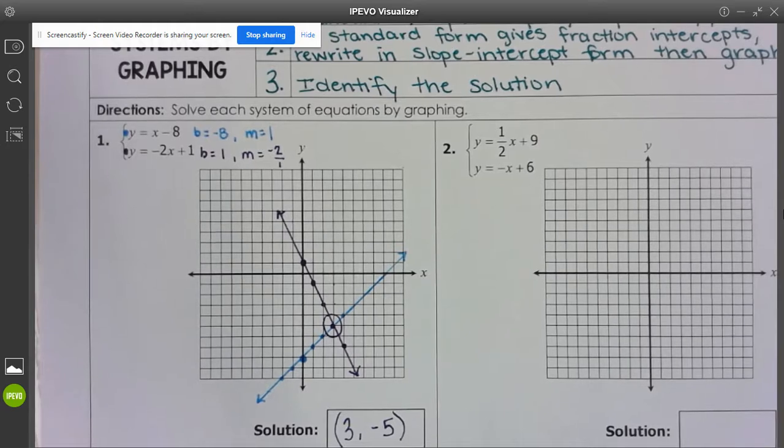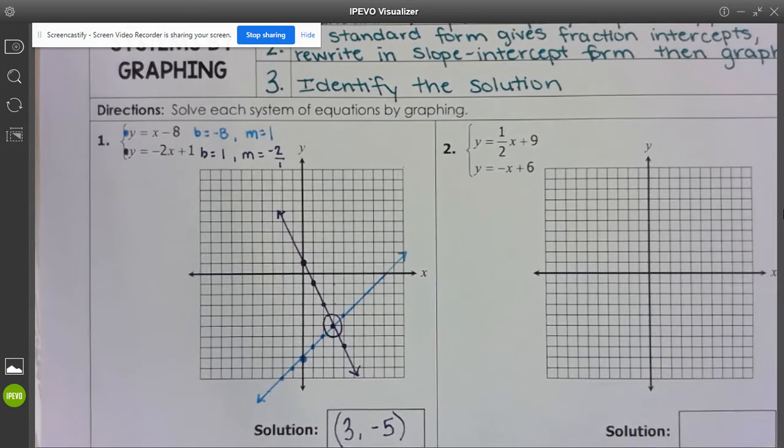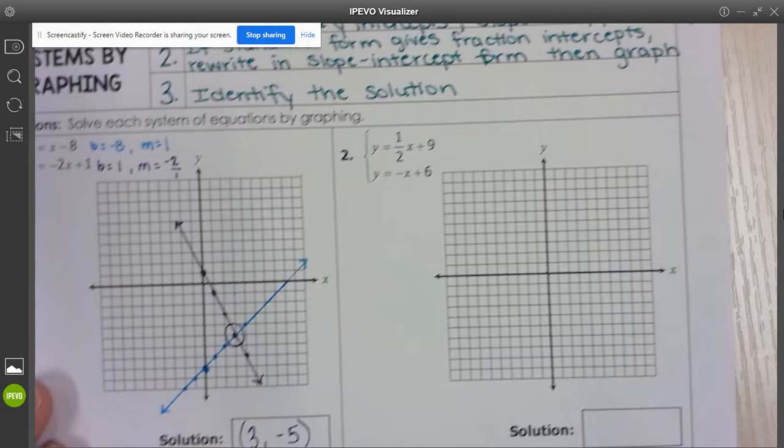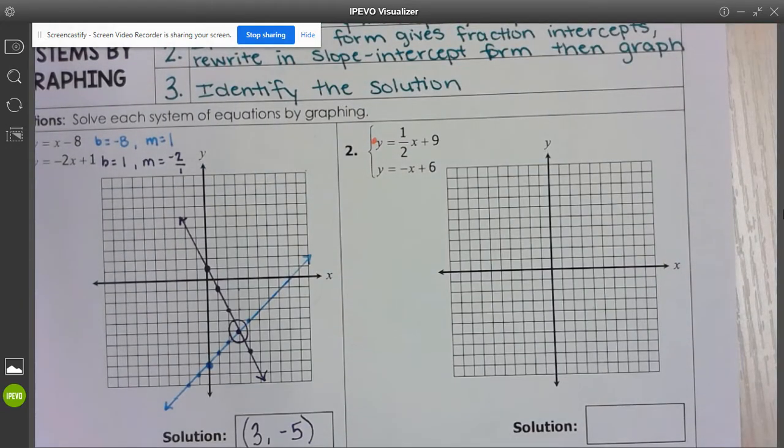I'm actually going to get a different pen that dries a little bit faster. Switching over to blue and pink. All right. So moving on to number 2, both of these again are in slope intercept. I'm going to do this first one in pink.